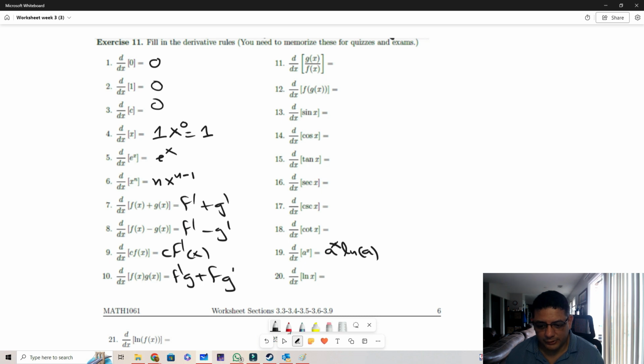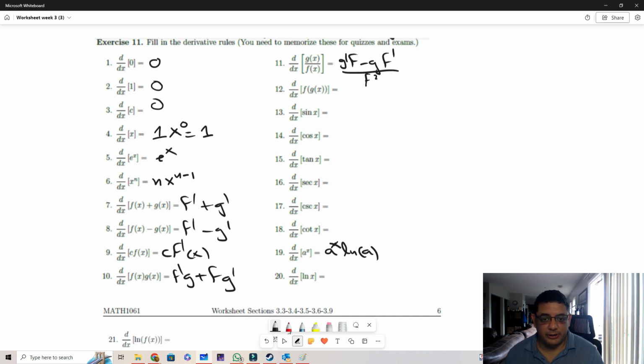With the quotient, it depends on how you're doing it. For example, here we have g over f, so in this case it is going to be g prime times f minus g times f prime, divided by f squared. But this is because we have f below. Sometimes we have f over g, so we have to be careful of the order of those terms.